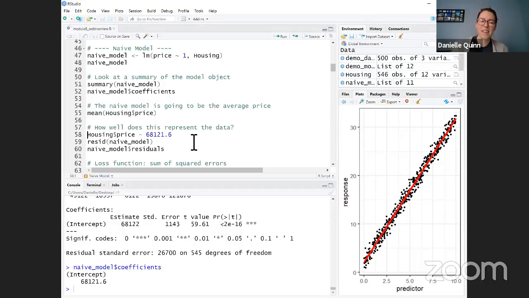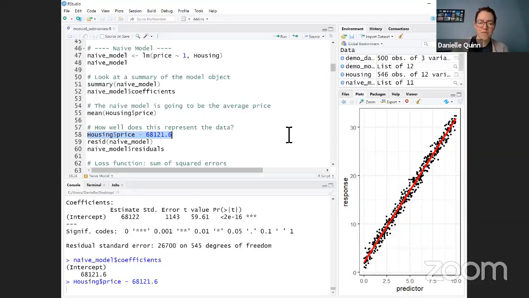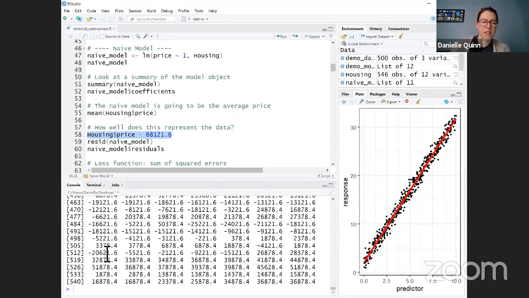We could take the existing housing price and subtract that estimate. For example here, house 505, we were about $3,400 off in our estimate. House 540, we were about $17,000 off in our estimate.